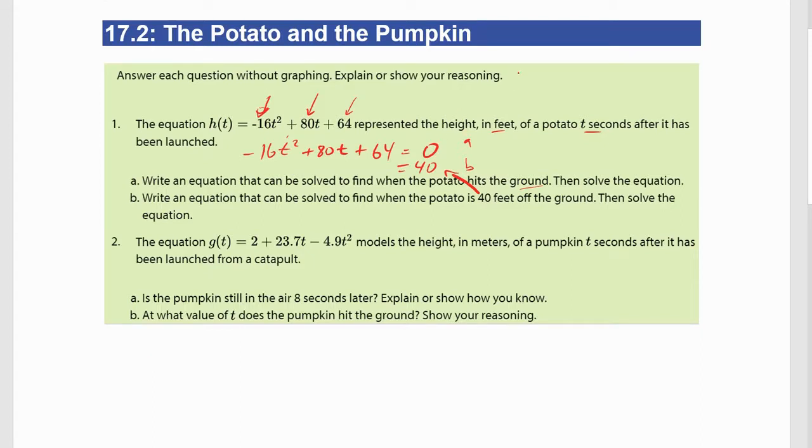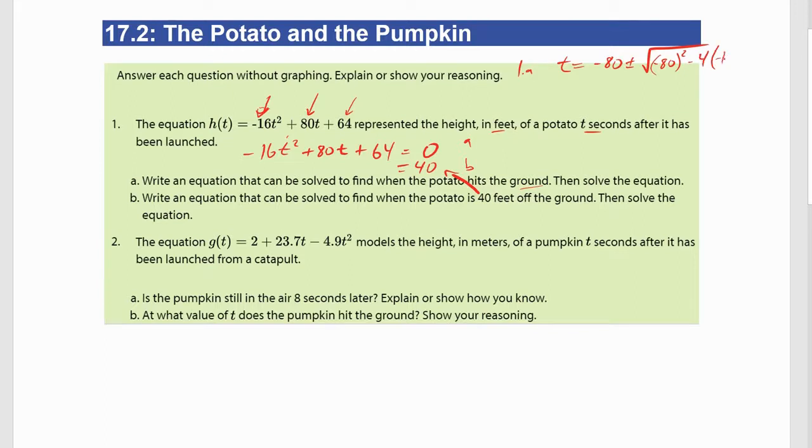So for 1A, you can solve for your time, and I shouldn't use x, I should use t for time. Okay, so negative b, which is negative 80, plus or minus the square root of negative 80 squared minus 4ac.